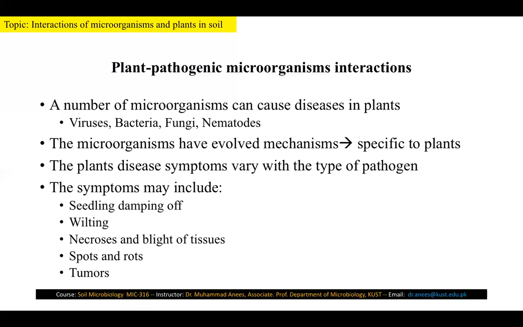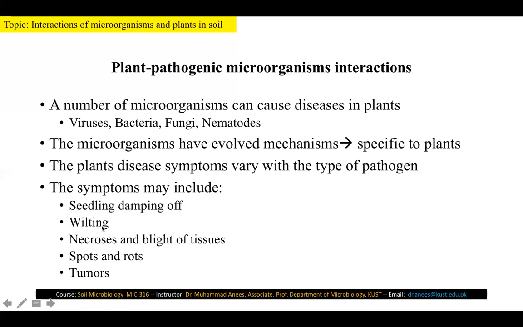Sometimes it dies soon after germination, so that kind of damping off is called pre-emergence damping off. Or it may die soon after emerging from the soil. So it's a very serious disease. It is mainly caused by fungi. Different types of soil fungi are responsible for causing damping off.